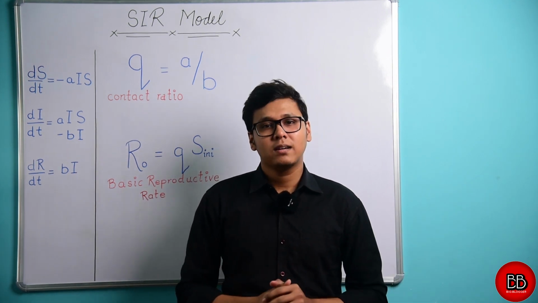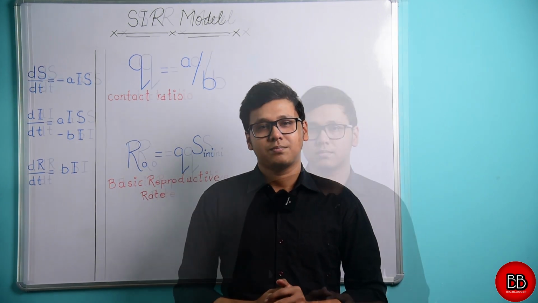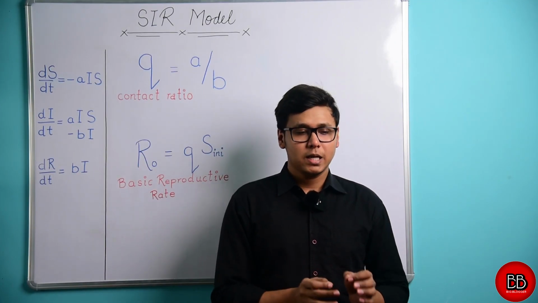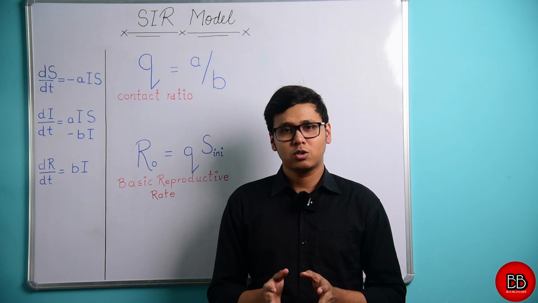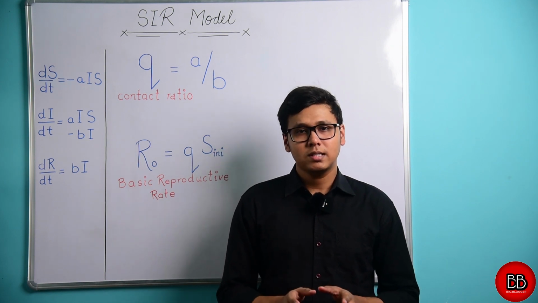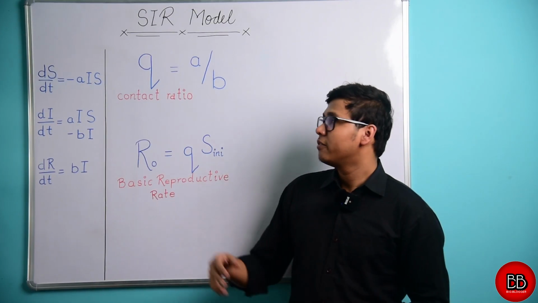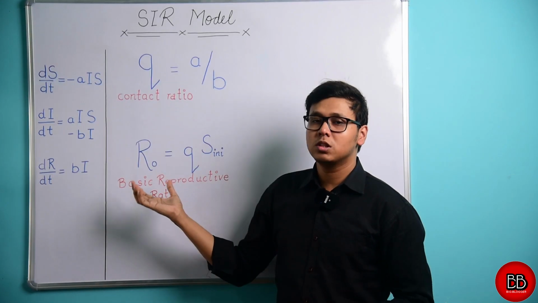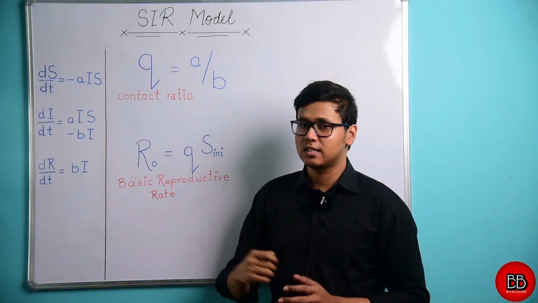And how to do that? You all know the answer really well. Maintain social distancing, wash hands, keep proper sanitization, stay at home, etc. By doing this, we are actually trying to decrease the Q, which is ultimately going to decrease the R naught value of this disease.